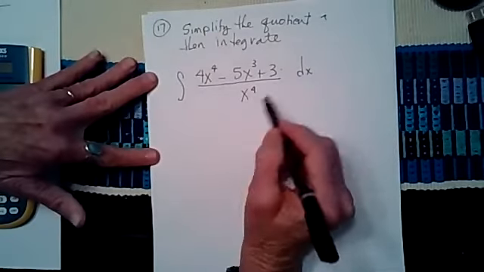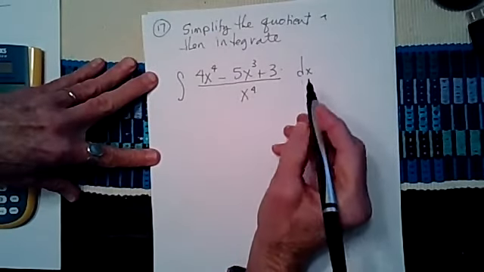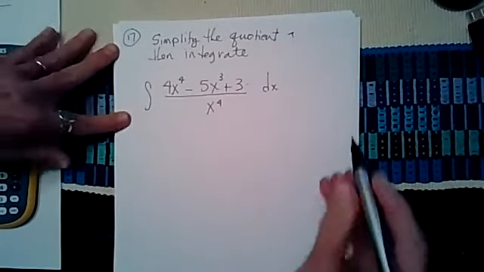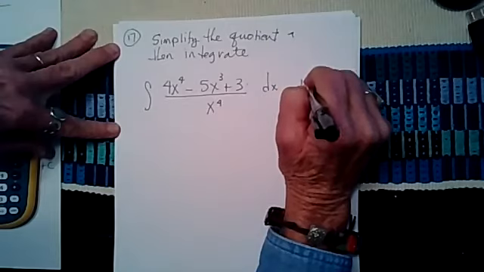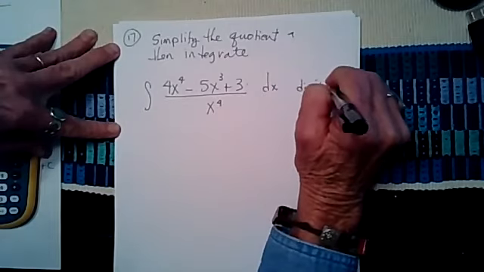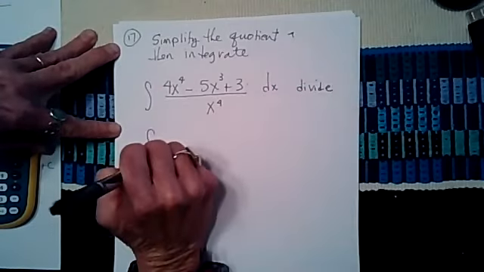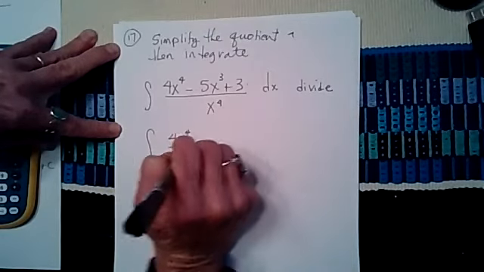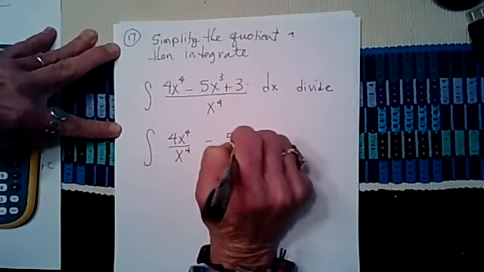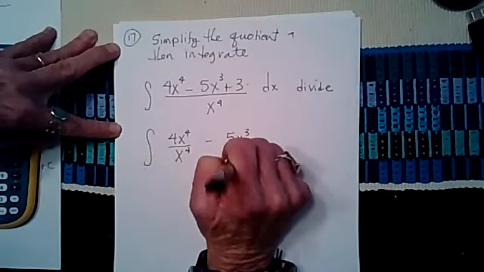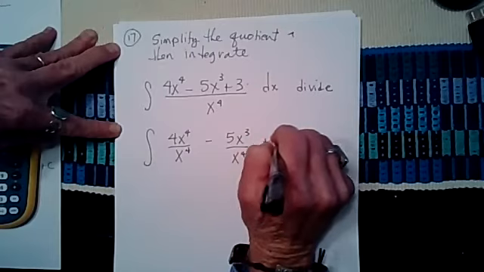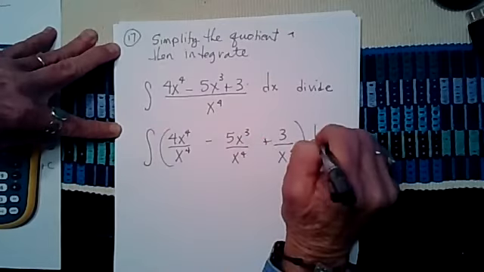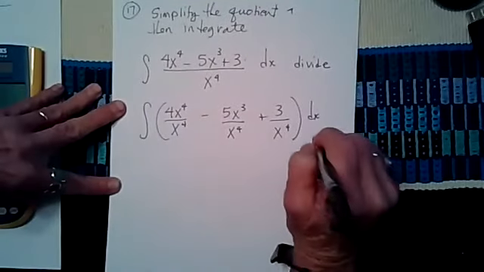Now, we've been bringing this x up, but that causes a lot of confusion when you distribute a negative exponent. So I'm going to divide all this out. That's 4x to the 4th over x to the 4th. It's like undoing a common denominator. So once I divide, and then I simplify.